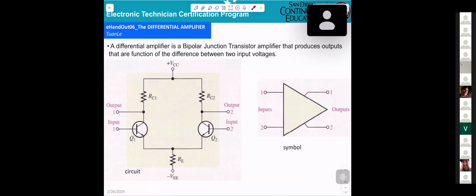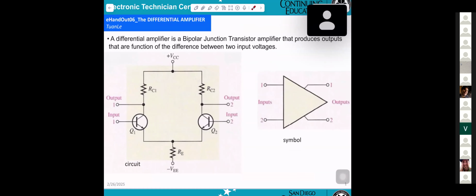Okay, now we start with the differential amplifier. A differential amplifier is a bipolar junction transistor amplifier that produces an output that is a function of the difference between two input voltages. Looking at this schematic, you have two transistors, Q1 and Q2.